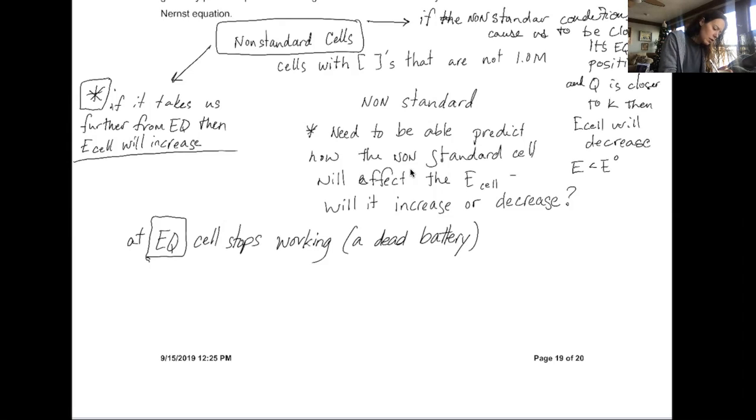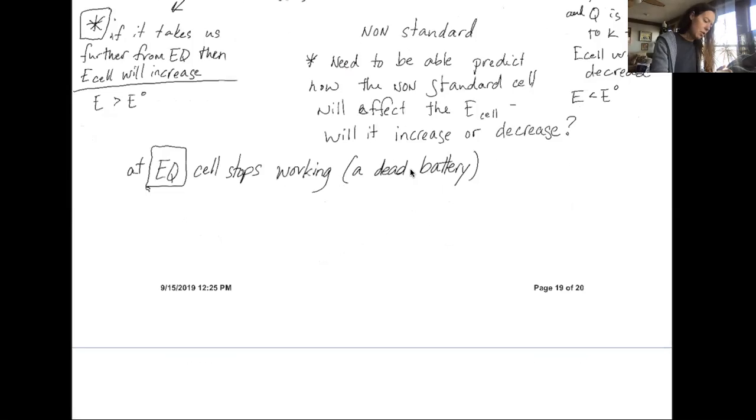And over here, the E cell not standard will be greater than the E cell standard. I hope you can kind of understand why.